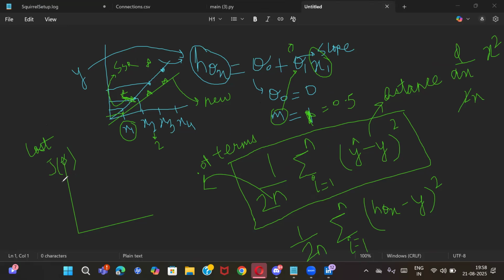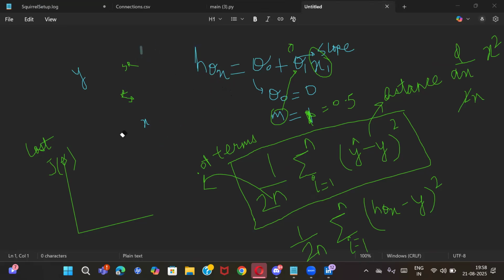What is the cost function? This is my cost function graph, and we are going to plot it. So what will my J theta value be? The value will be 1 by number of terms, which was 4, so 4 into 2, and here y hat minus y.